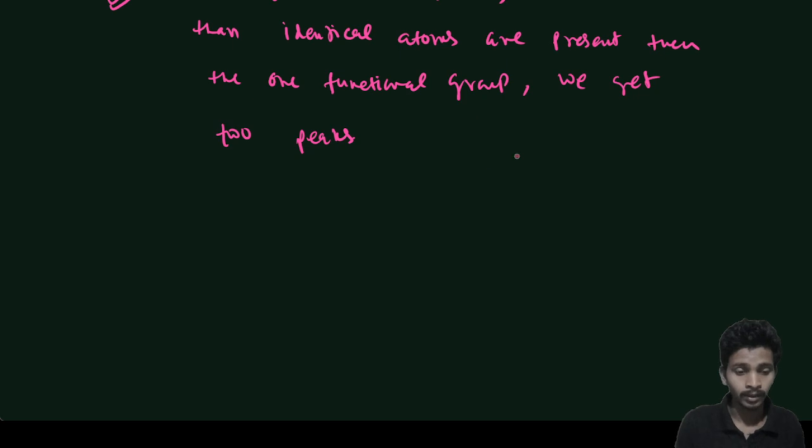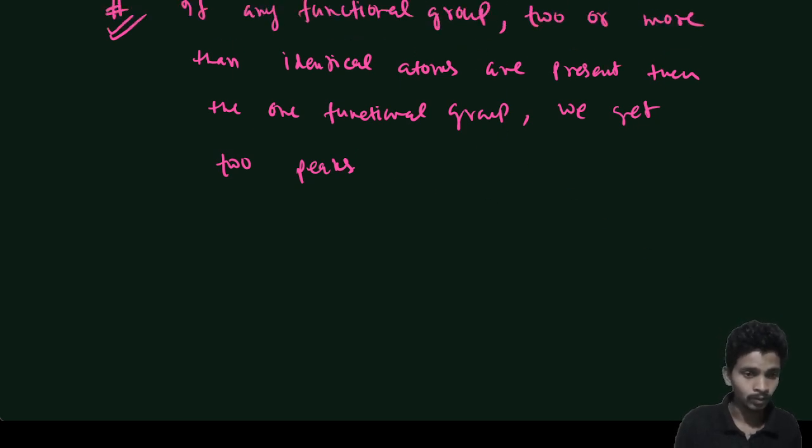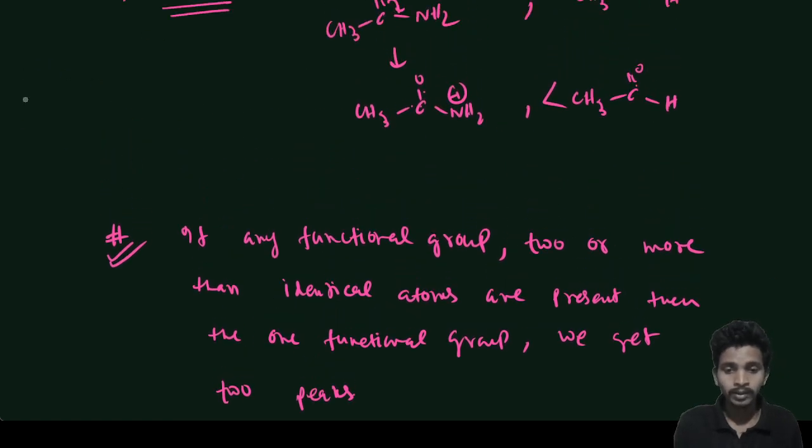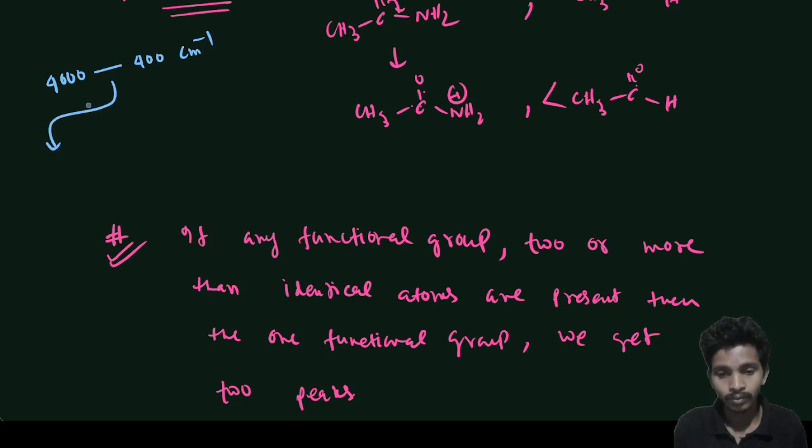So first I have to give some notes. I forgot to give. So before coming to this point, let me keep one note: our IR data is 4000 to 400 centimeter inverse. This data has two regions.